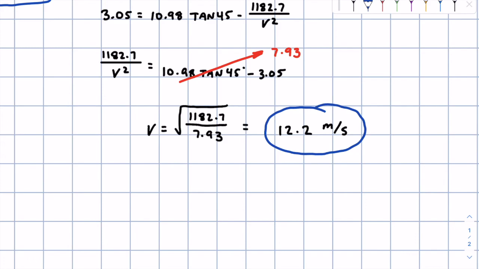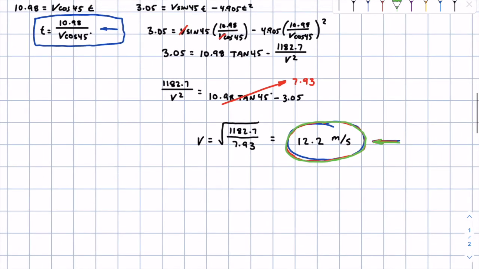And there it is. That is the speed that the ball must be kicked at 45 degrees in order to clear the goalpost. A little bit of a tricky one, I'm not going to lie to you. This one gave me a little bit of a hard time, but we solved it. I hope it makes sense.